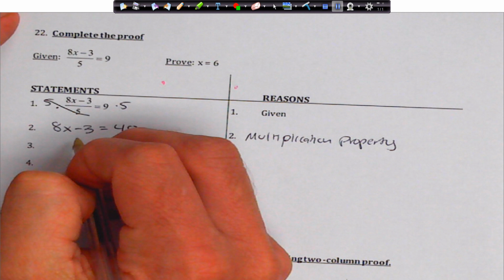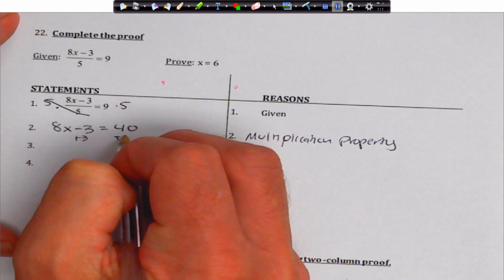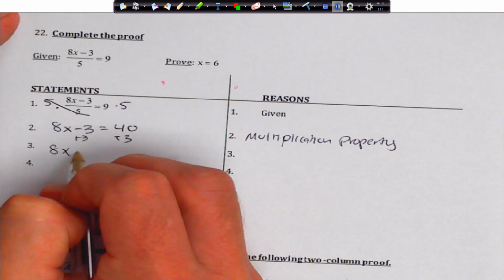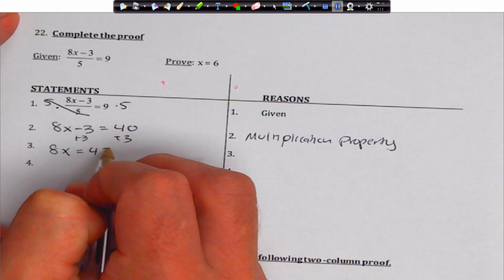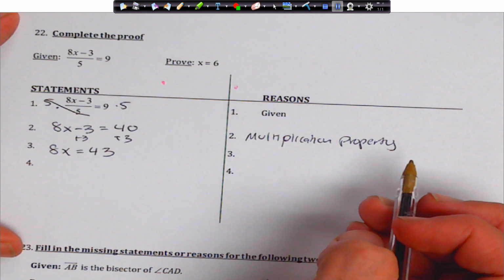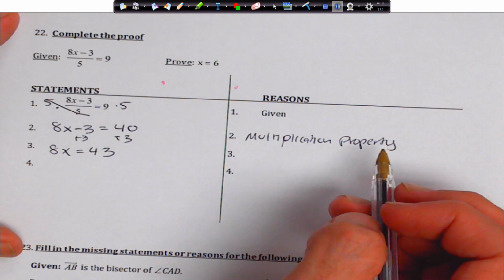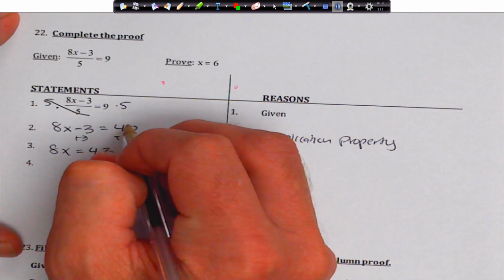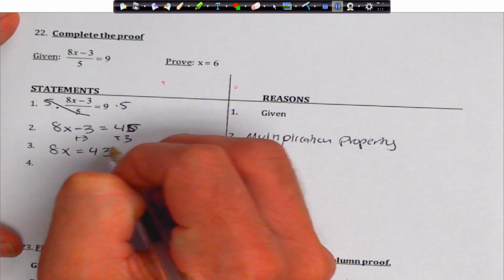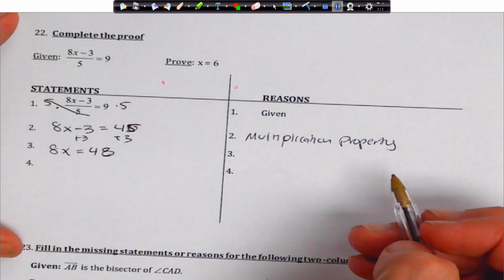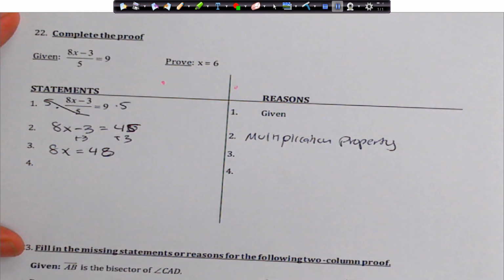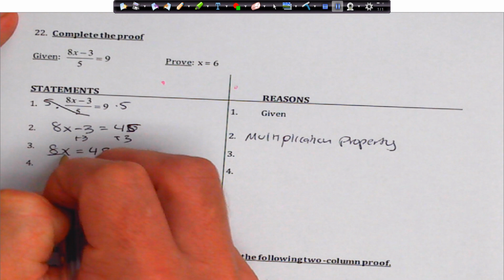Here, I'll add the 3 over, and so that's 8x equals 43. That should be a 45, I apologize. So that's 48. Okay, then we can divide by 8.